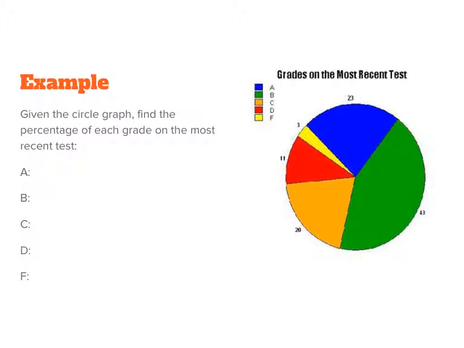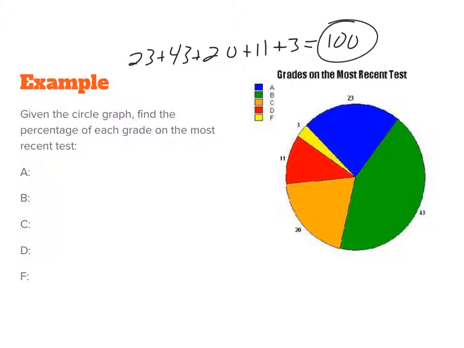Our next example here, we're given the grades on the most recent test. Now, once again, we're not given the total outright, but we can easily find it by adding up how many are in each piece. So we've got 23, 43, 20, 11, and 3. If I add all of those up, I get a total of 100.